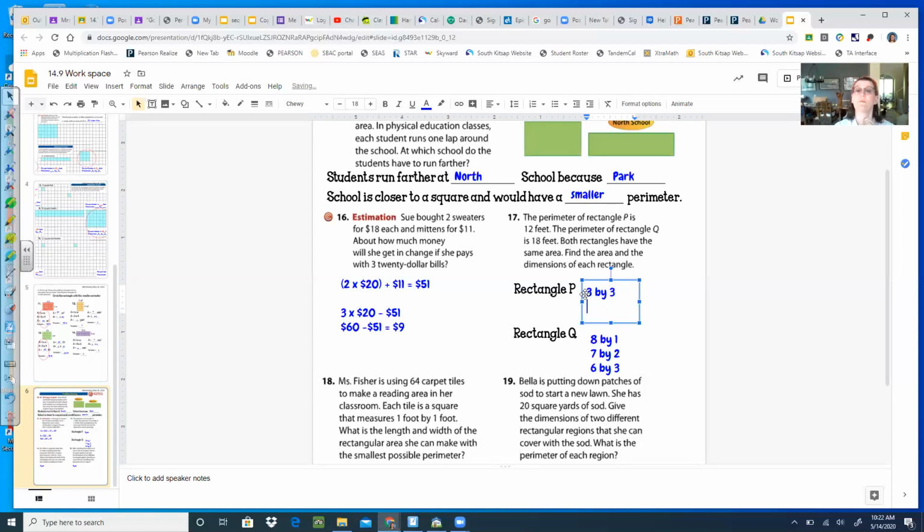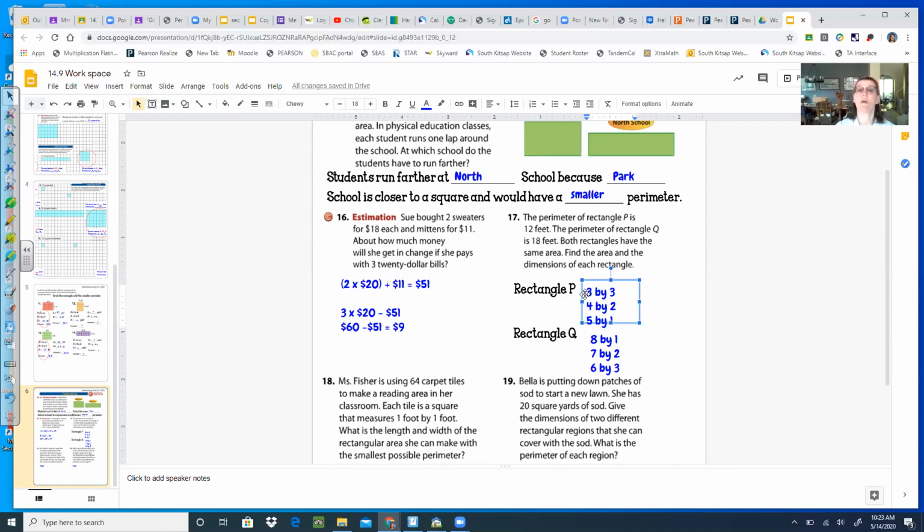Now what else? 4 by 2. And 5 by 1. Okay, now it says they have the same area. I don't think I found any that have the same area. So maybe I need to keep going.